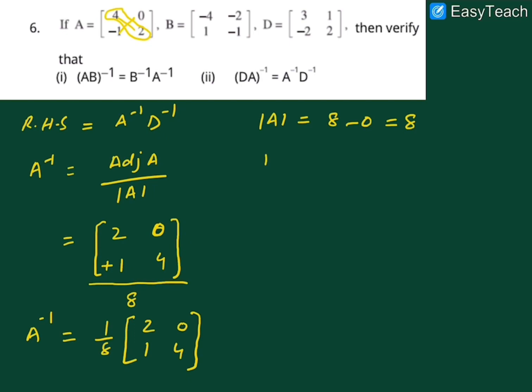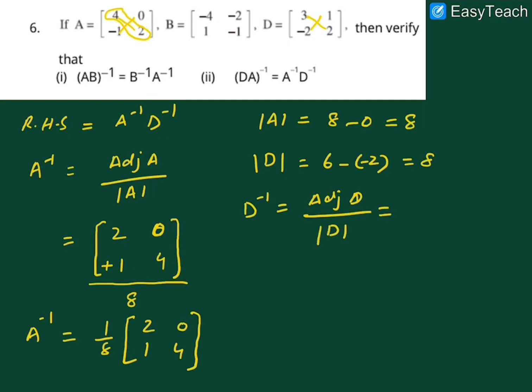Now what is the D determinant? The D determinant is equal to 3 times 2, 6, and plus 2, 6, minus 2 times minus 2, so it will be plus 2, 6 plus 2 will be 8. This is our D determinant. So now D inverse will be equal to adjoint of D over D determinant.